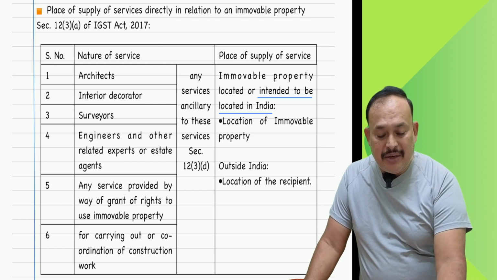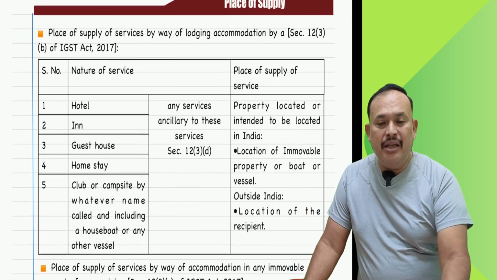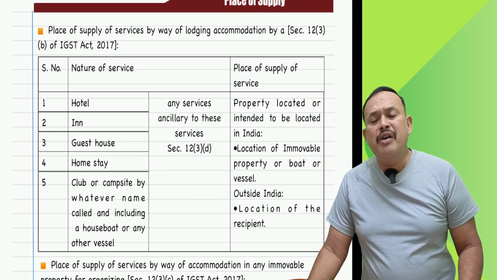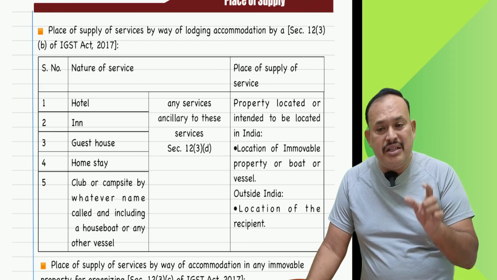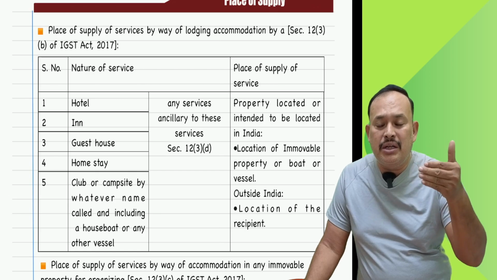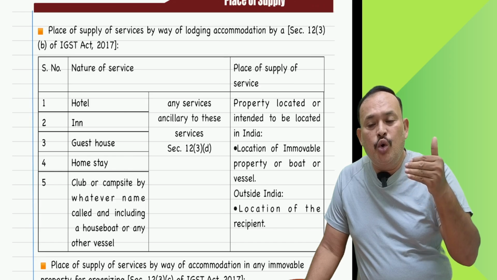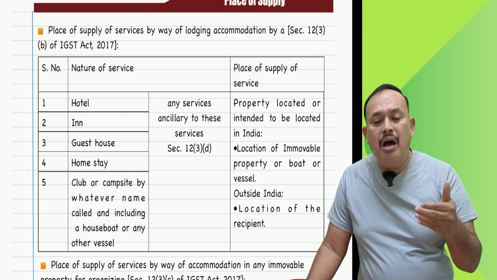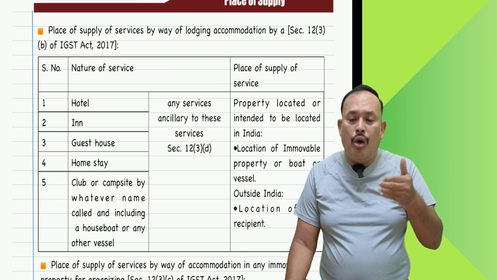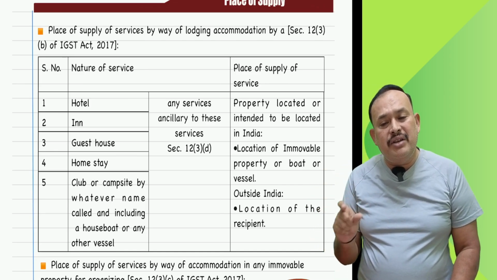Further, my dear friends, referring here to section 12, subsection 3, clause B, which talks about services by way of lodging accommodation by a hotel, inn, guest house, homestay, club or campsite, by whatever name called, and including a houseboat or any other vessel.